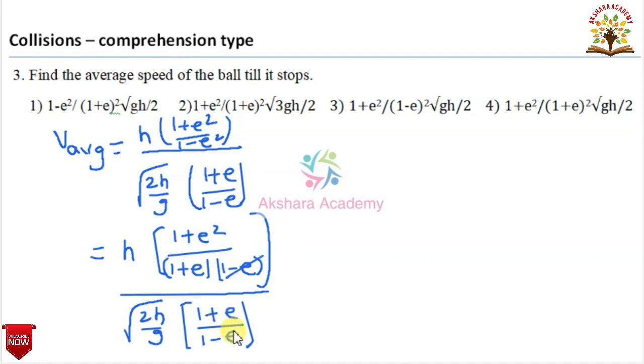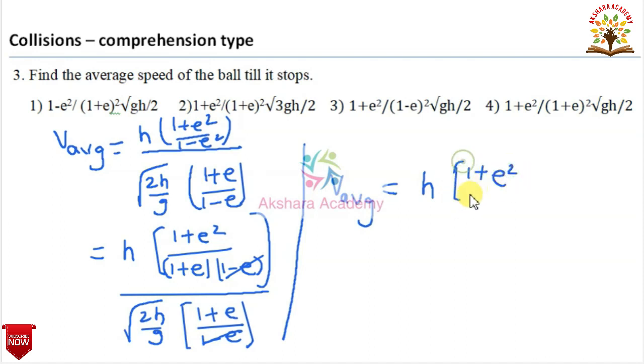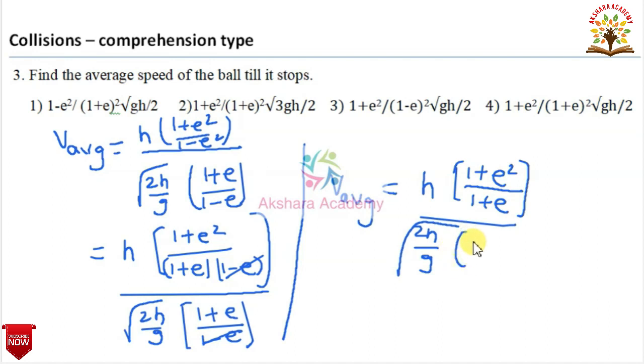The 1 minus e cancels. So average speed is equal to h of (1 plus e square) by (1 plus e), by square root of 2h by g of (1 plus e).